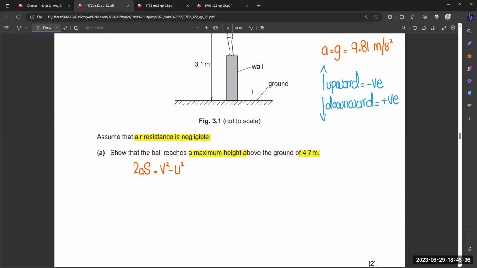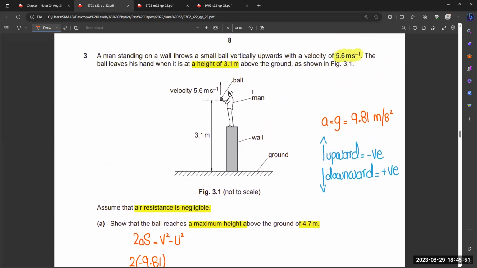So now we know the value of a, and we can easily substitute minus 9.81 multiplied by the distance. What will be the total distance that we need to write over here?